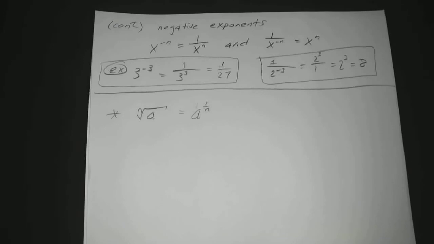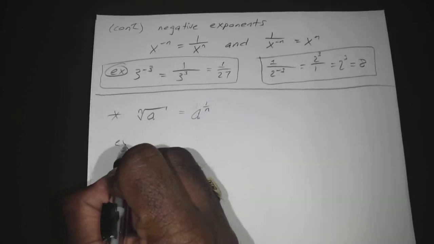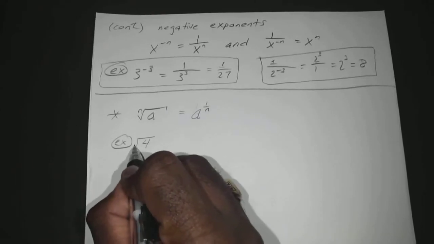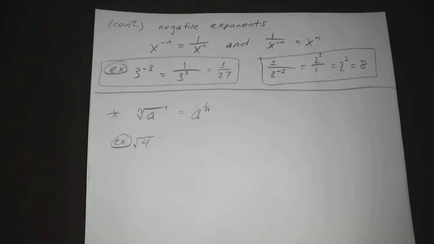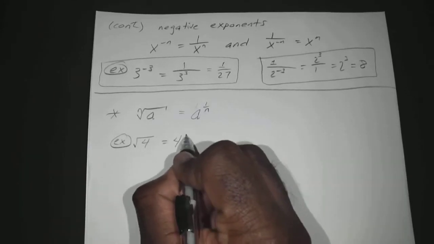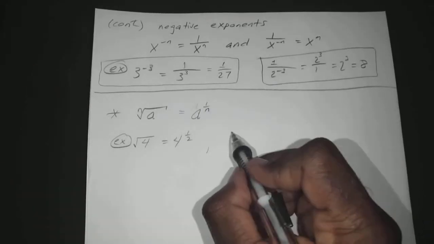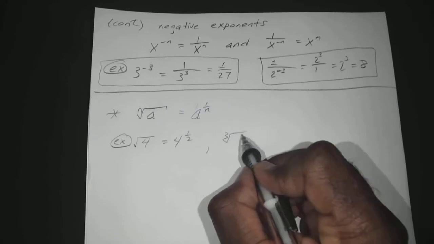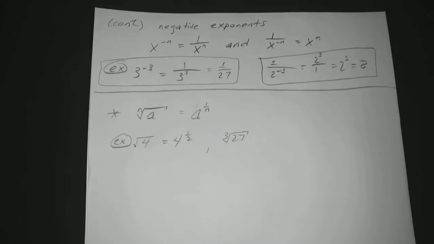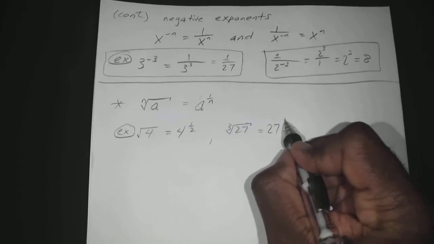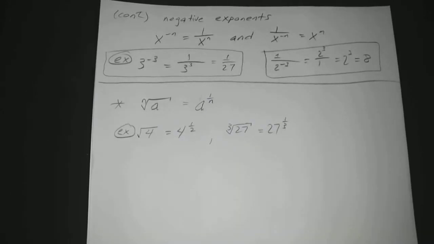Okay, so for example, if you have the square root of 4, remember when there's nothing there, we just assume it's a 2. So that would be 4 to the 1/2 power. Or if you had the cube root of 27, that's just 27 to the 1/3 power.